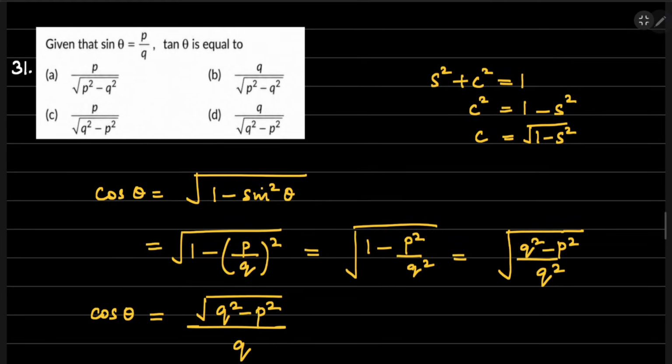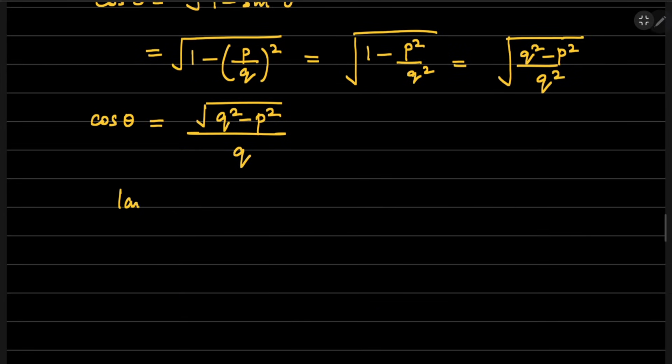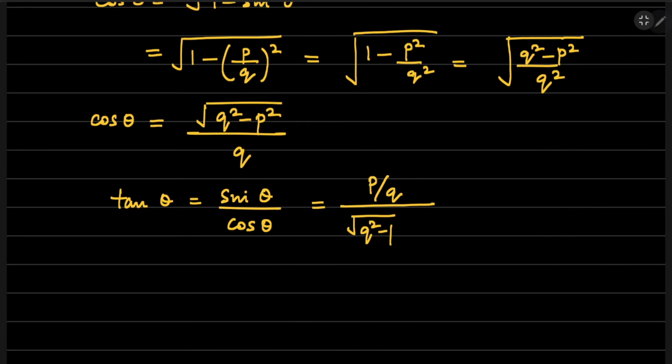You already know your sine theta, right? Sine theta is given in the question, P by Q. Therefore, tan theta will be equal to sine theta divided by cos theta. What is sine theta? It is P by Q whole divided by cos theta, which is nothing but root of Q square minus P square divided by Q. This divided by Q will get cancelled in both numerator and denominator.